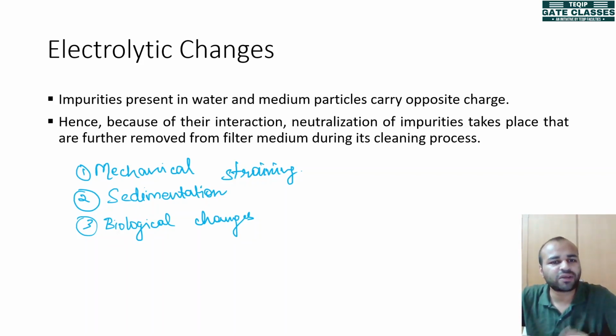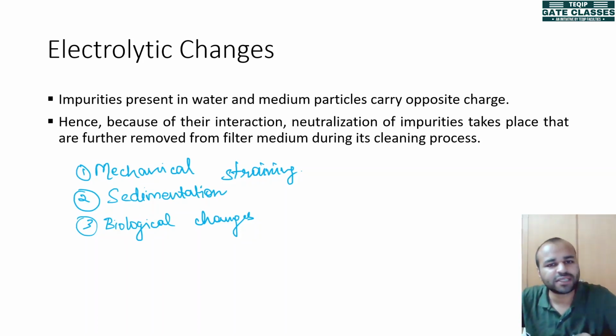How do these microorganisms gain energy and survive? They survive due to the oxygen that is liberated by the photosynthesis process from the algae. How did this algae occur, or how is this algae formed in this filter medium? Algae is formed because of the nutrients that are available in the raw water that promote its growth.